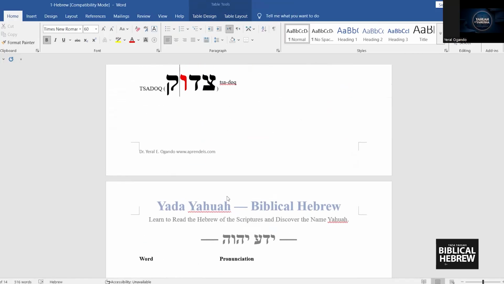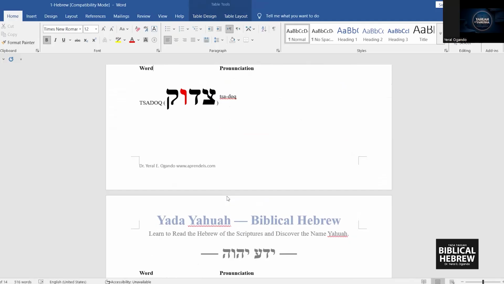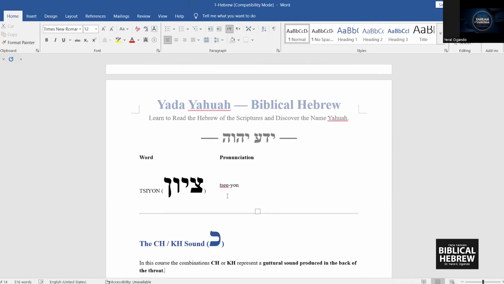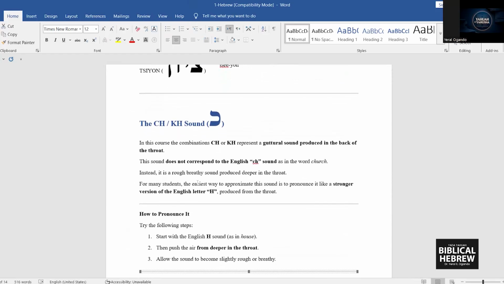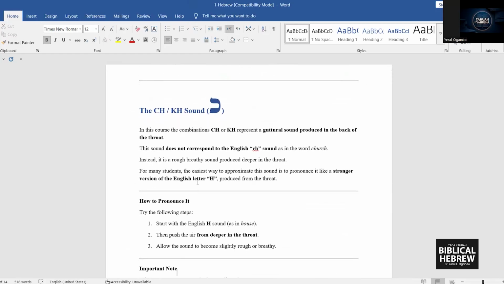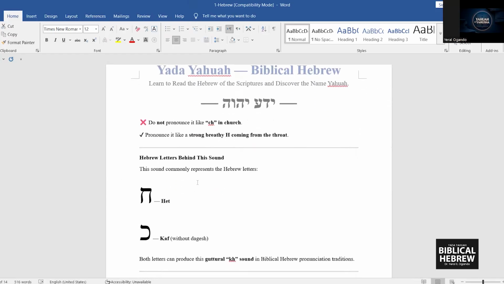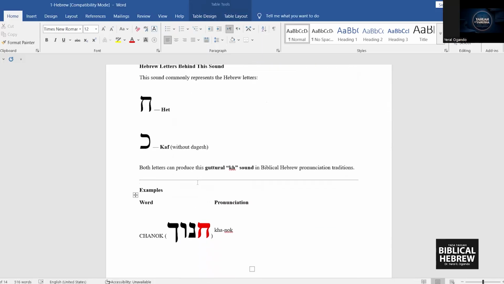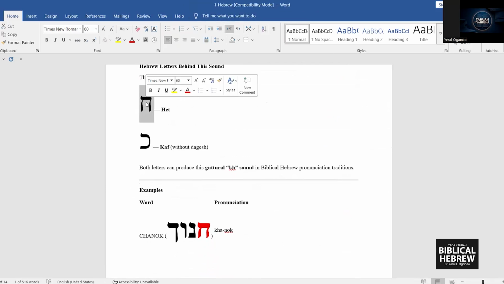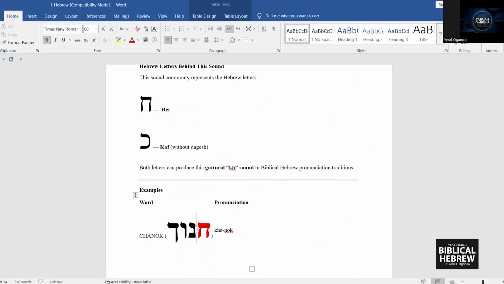The next sound is the Ts, which is Sadok, Tzion. And the final sound is the CH, which is our KH, that you're going to find, which is Het and Kaf. And you have an example, Hanok, because it is using the Het and it's very strong. And the Kaf is also strong, Hanok.